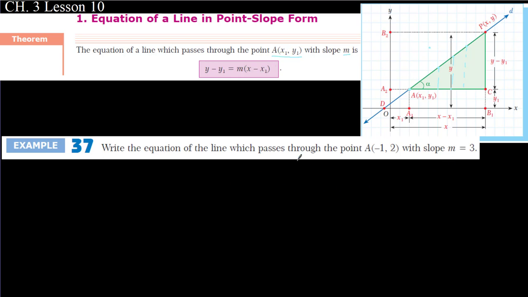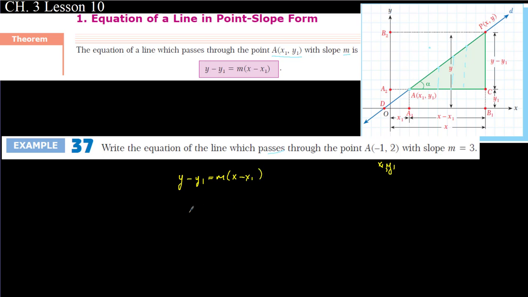Here let's continue with the question. Write down the equation of the line passing through the point (minus 1, 2) and m is equal to 3, which means this is x1 and y1 in the formula, and this is the m already written. So y minus y1 is equal to m times (x minus x1).